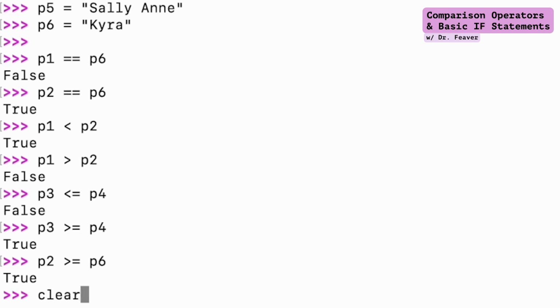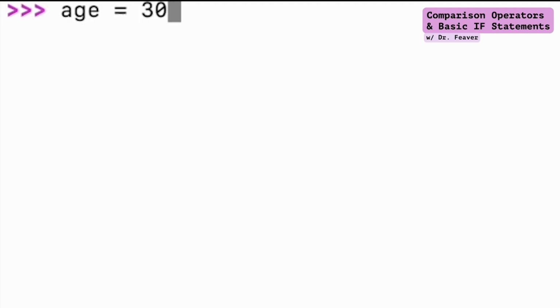All right, so these are our 5 basic comparison operators: less than or equal, greater than or equal, or equivalence, which is denoted by equals equals. So how do we use these in if statements? Well, earlier I did an example of, there's a person and their age is 30, and another person and they're 7 years old.